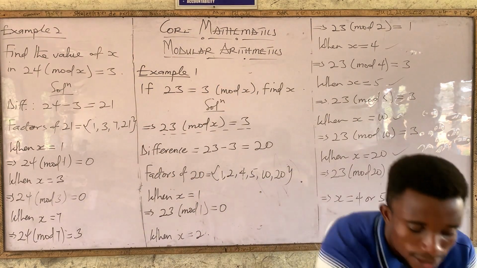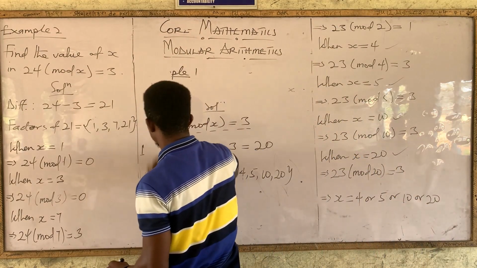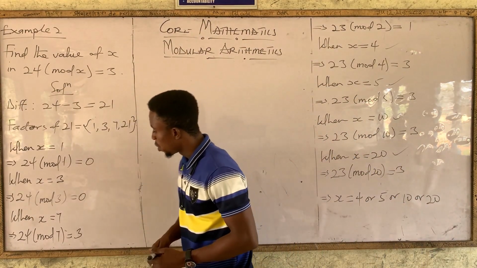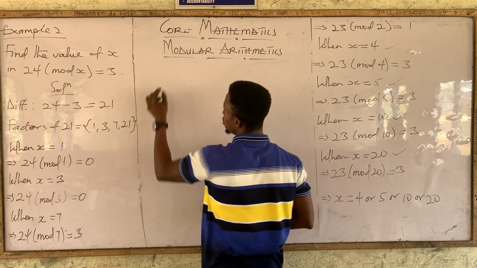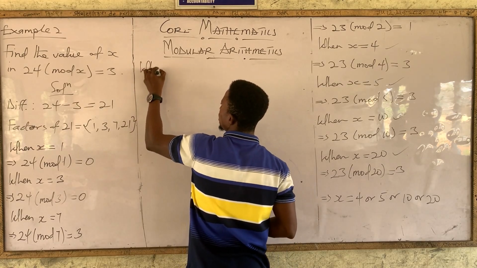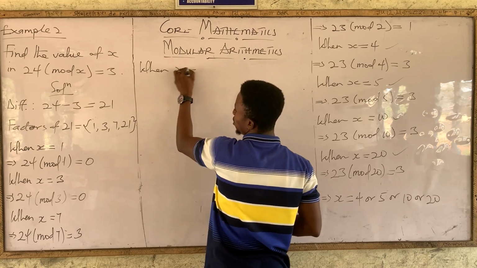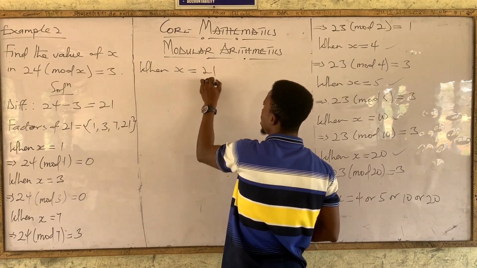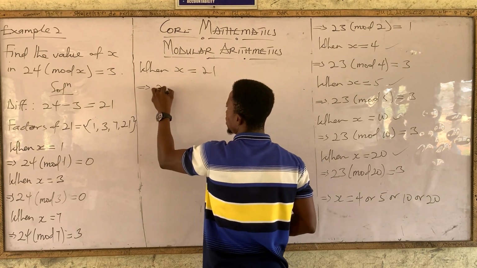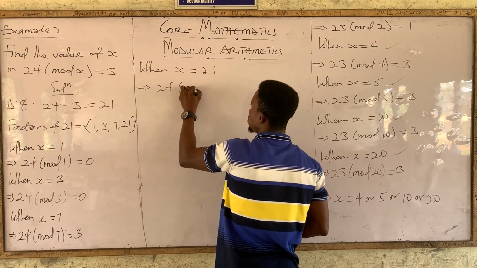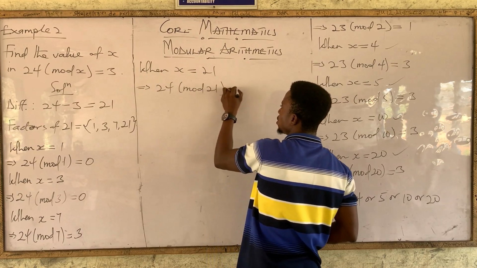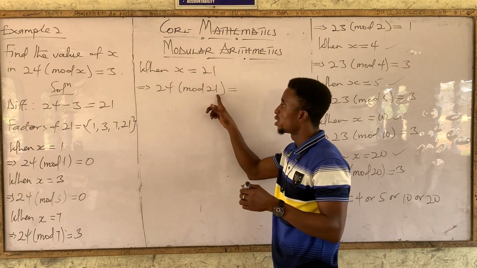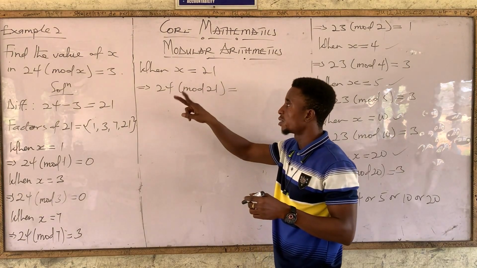Let's now proceed. Okay, so what about the next one? The next one, which is the last one, is when X is equal to 21. Then this implies that 24 mod 21 is also equal to, so how many 21s can we get from 24? That is 1.